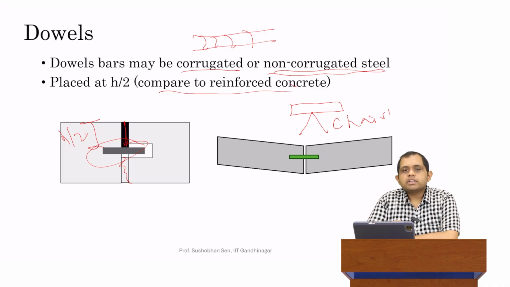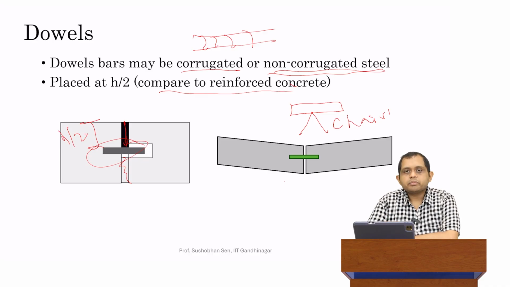I want to point out that this should be compared to reinforced concrete, which all of you have studied in structural engineering applications. In structural engineering applications, you learned that the steel is actually placed on the tension side. So that could be on the upper side in case of, for example, a cantilever beam. It could be on the lower side in case of, say, a simply supported beam. But in jointed plain concrete pavements, the purpose of dowels is actually not to resist tension. The purpose is to perform load transfer.